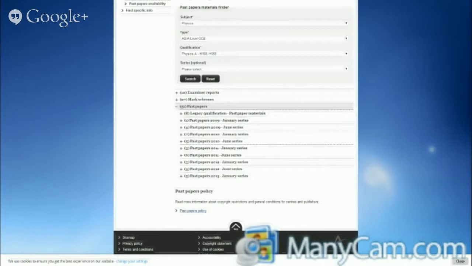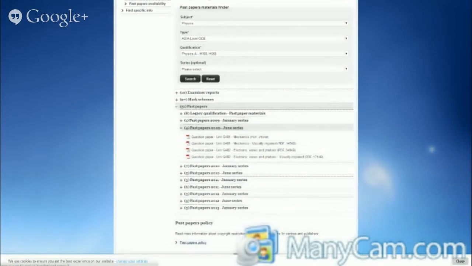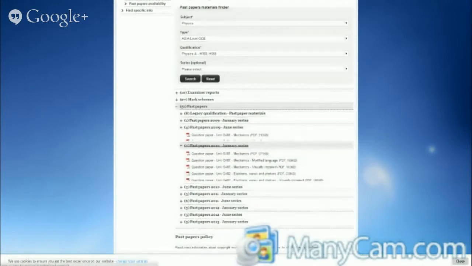Let me flick through, see if I got a copy of past papers that I can use to find it. Yeah, I don't think I do. Right, let's work through them then. Can't have been that one. Could be that one.